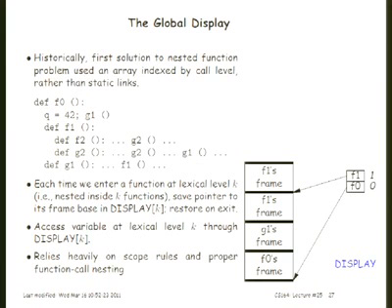So the compiler basically knows what code is going to get executed when you do each one of your calls. All right, so that's the situation.